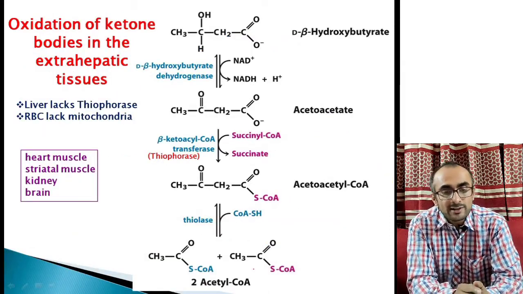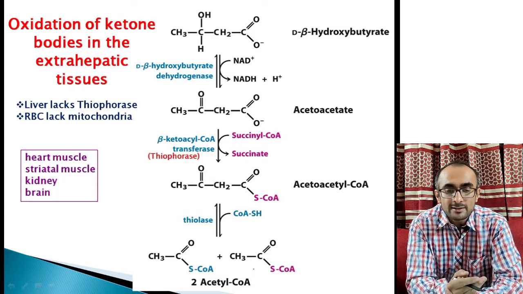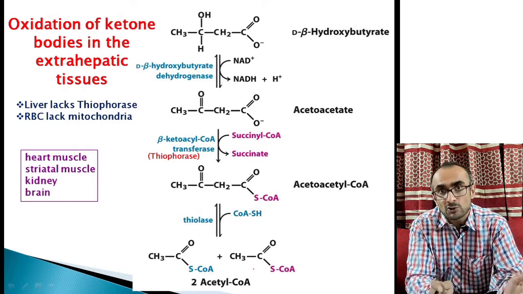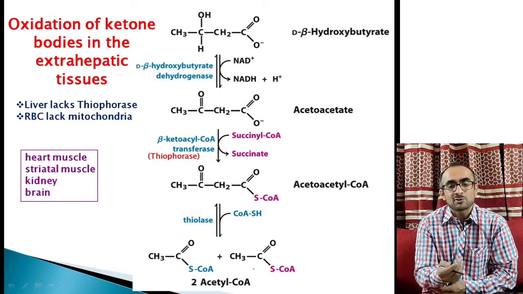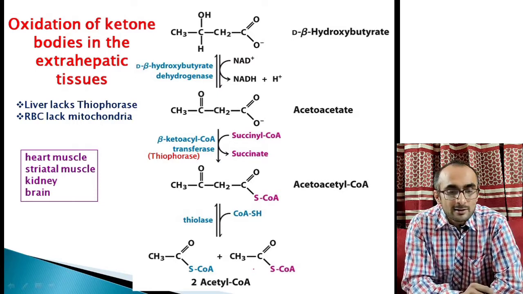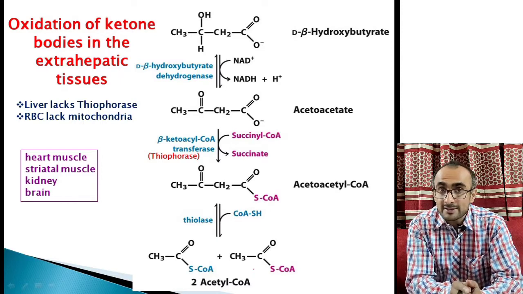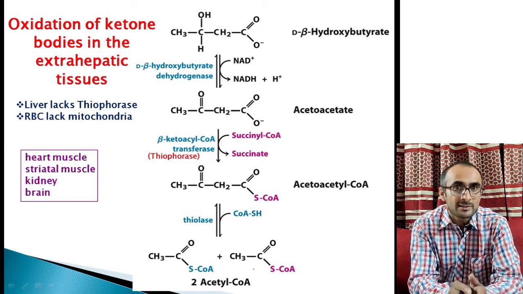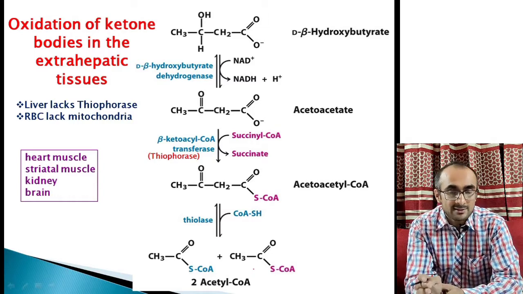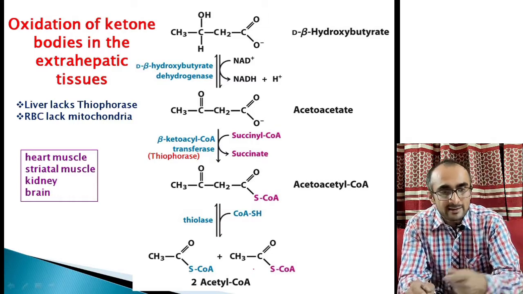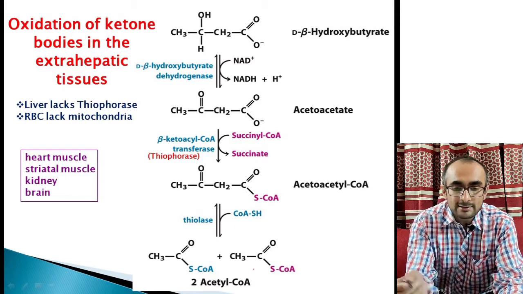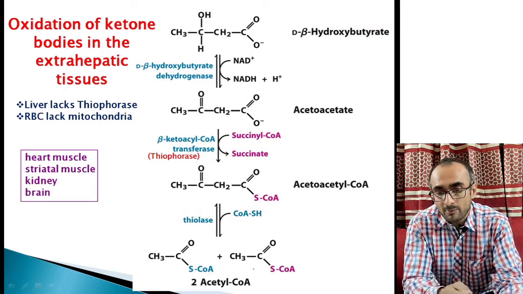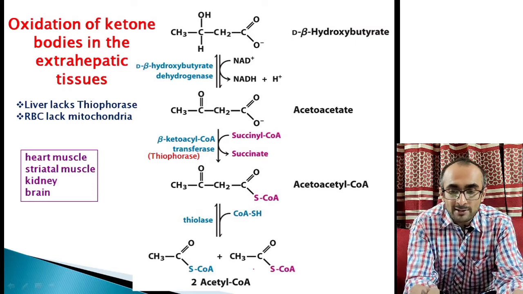Now these ketone bodies, after synthesis in liver, are transported to blood. From blood they go to different tissues, and those tissues capture them. There are ketone body transporters on the cell membrane, which facilitate transport of these bodies from blood to the cell, and inside the cell, which requires energy, that energy is taken from these ketone bodies.